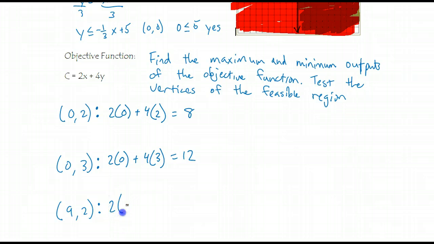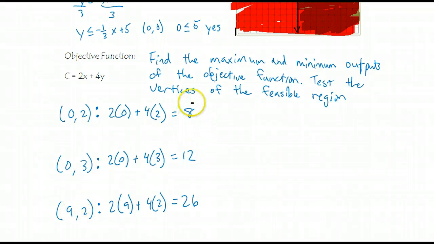And then I'm going to plug in 9 for x and 2 in for y, and I end up with 26. So the values that I'm trying to optimize, maximize, and minimize, are these outputs right here after I've plugged in my vertices.